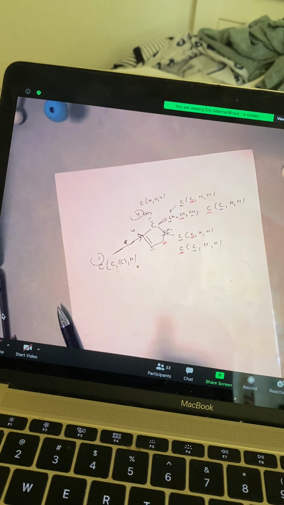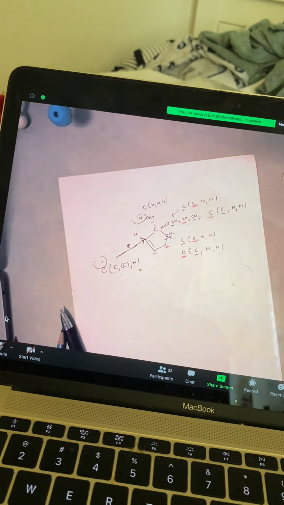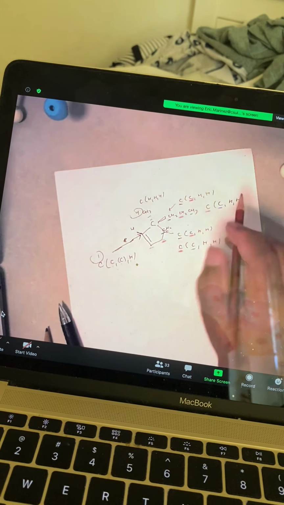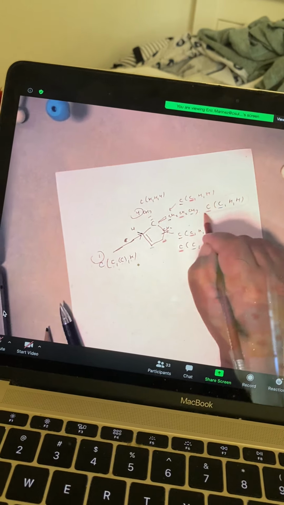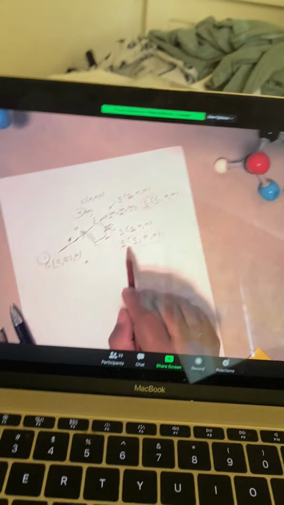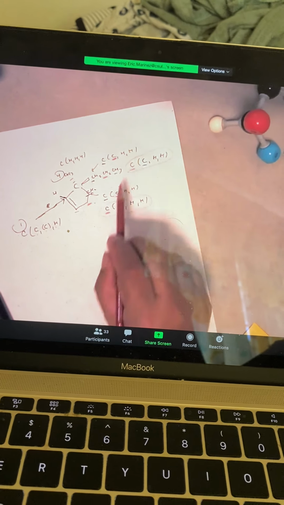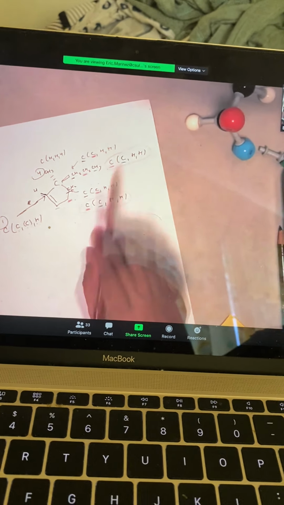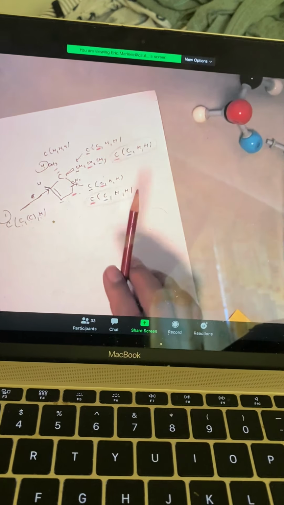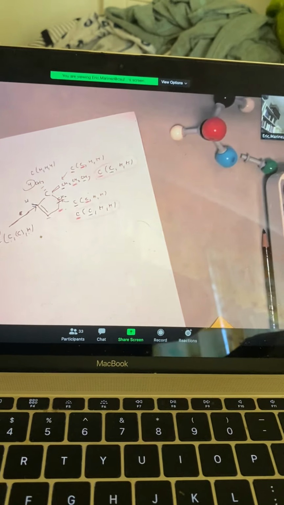Okay, so notice, I'm going to compare this guy with this guy. So these 2 carbons that I underlined in red, they're attached to a blue carbon, hydrogen. I have no way of distinguishing it, so now I got to go further out.